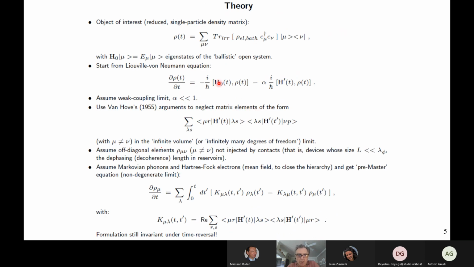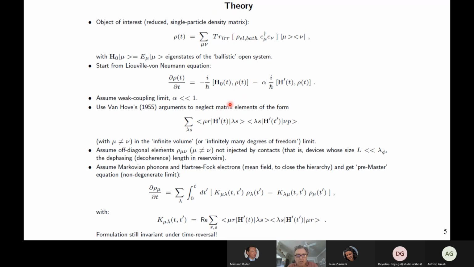Just to remind you of something that we saw in some detail in the past, here I'm just going to give you a bird's eye view of what we did. You consider the reduced density matrix, the electron reduced density matrix, so you essentially trace out all the phonon degrees of freedom and take them at equilibrium. You go back and solve the von Neumann equation for the density matrix.